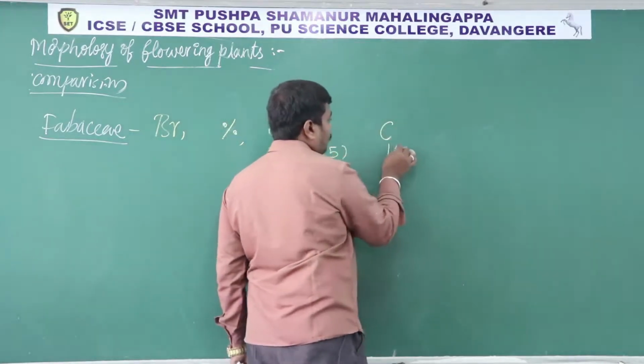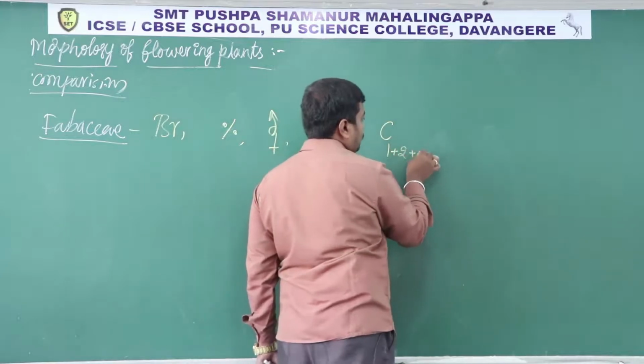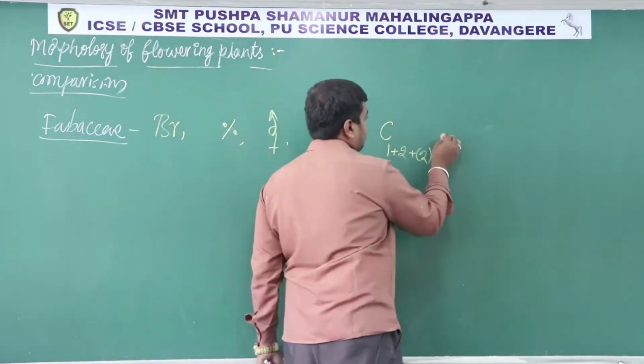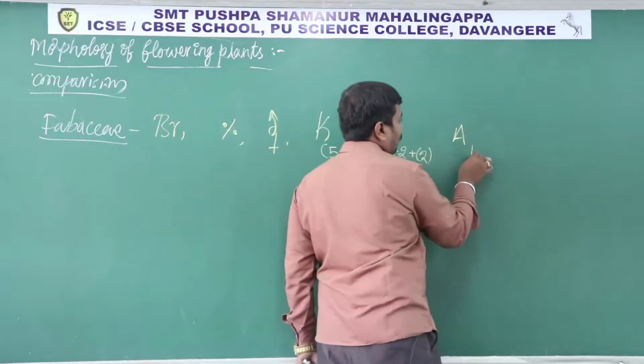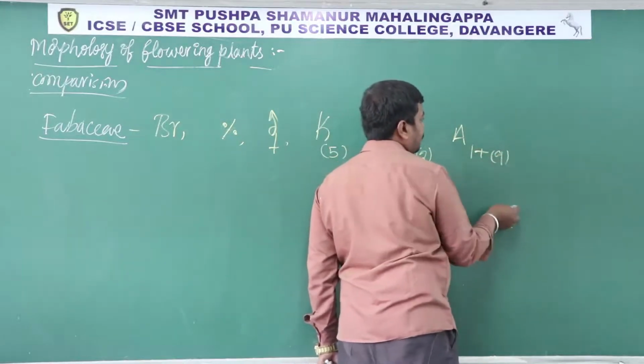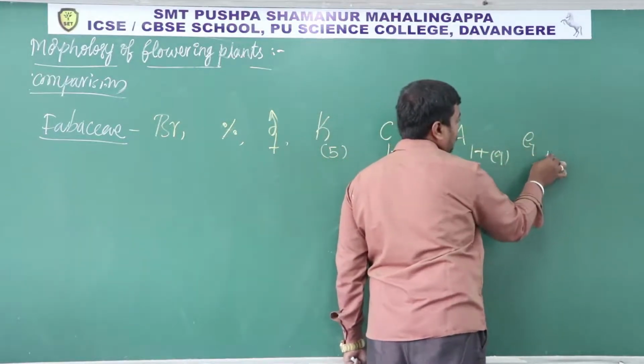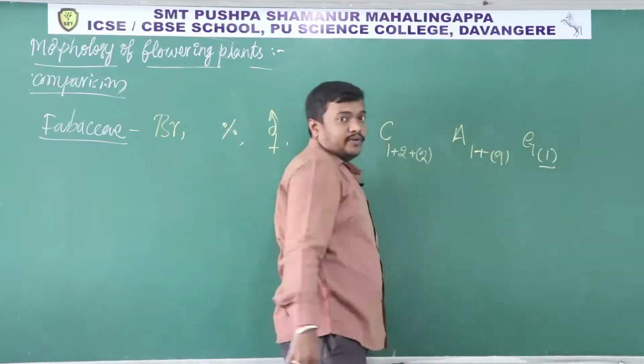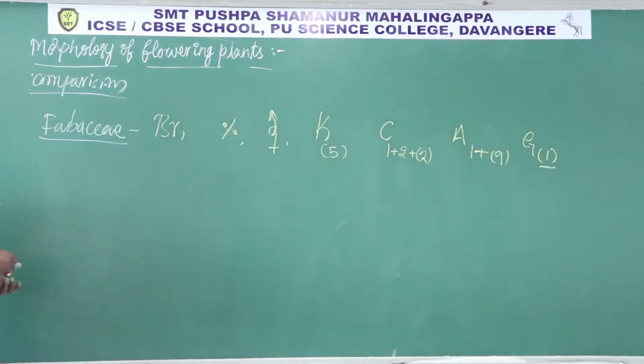Corolla 1+2+2, then androecium 1+9 fused, gynoecium monocarpellary, superior ovary. Okay, so that is about Fabaceae.